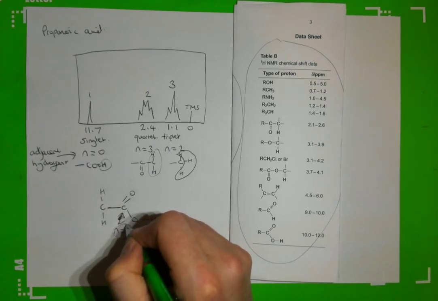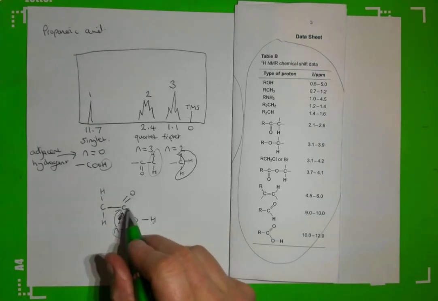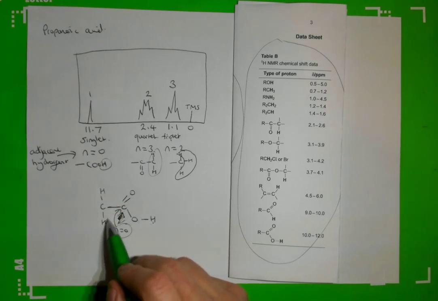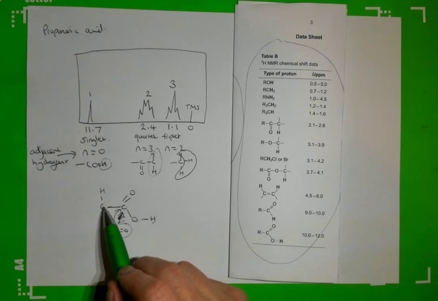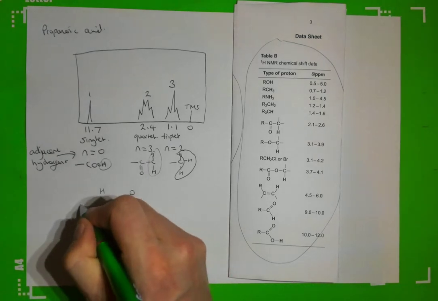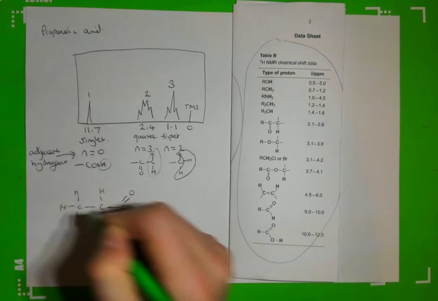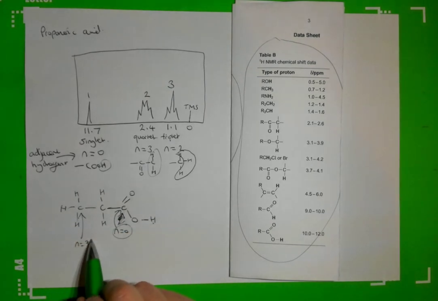So there's no hydrogens attached to that carbon relative to that one. Now this one is the CH2 here, and that is N is equal to 3, which means that there must be a carbon on this side attached to 3 hydrogens. So N is equal to 3.